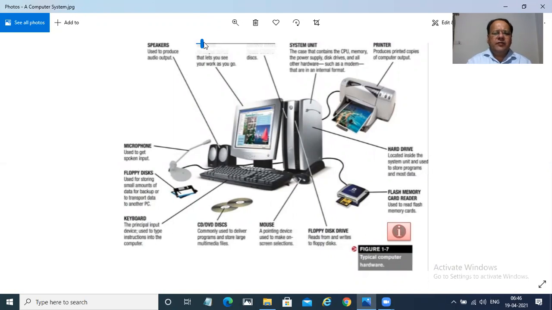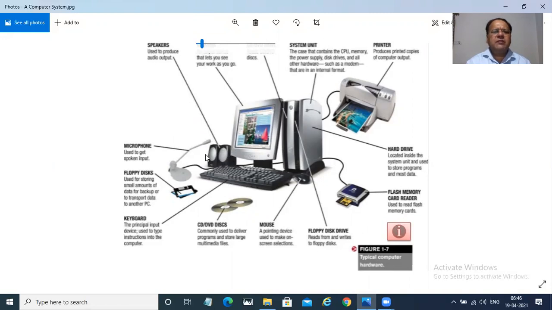This is just for you to revise exactly what you have studied in class 5. Many of you may be familiar with all these devices. Still, a quick run through so that we understand basically what the entire computer configuration is. So we start over here. You can see right here, these are speakers for the output.